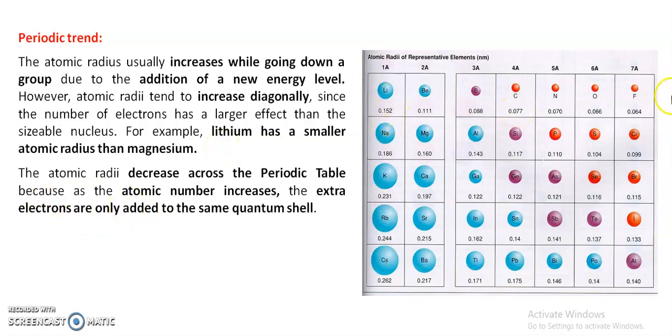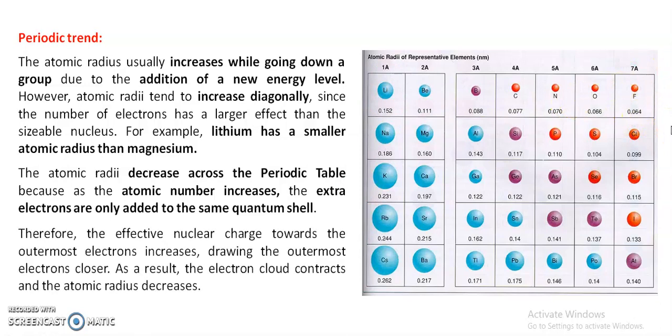Now, across the periodic table, atomic radii decrease because the atomic number increases but the number of shells does not increase. Extra electrons are only added to the same quantum shell. So lithium has a larger size than fluorine.